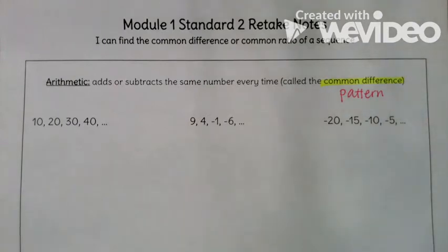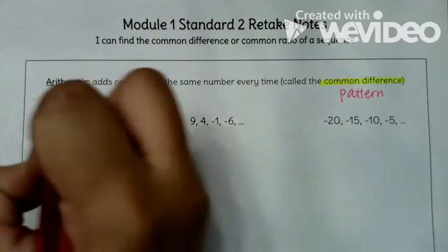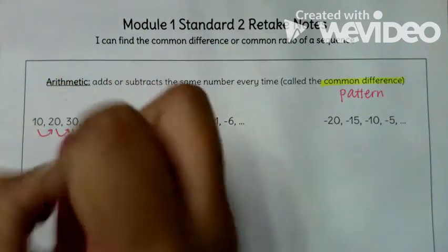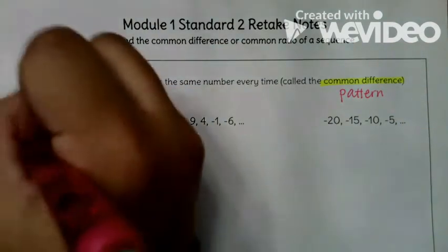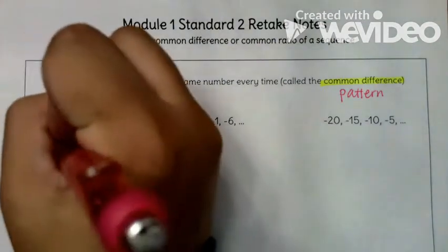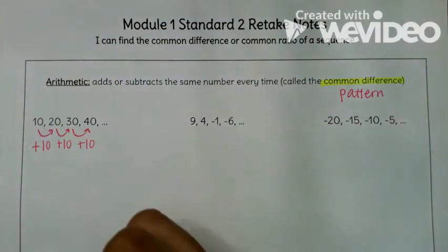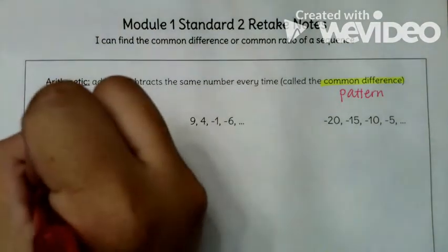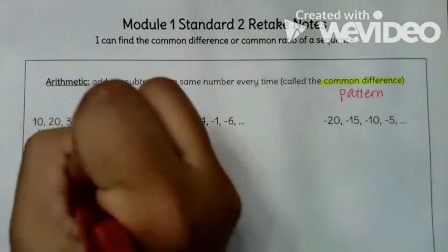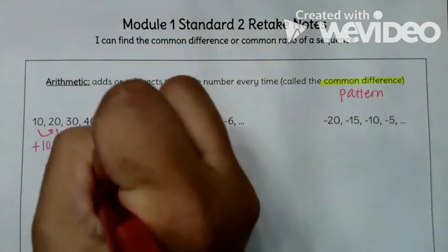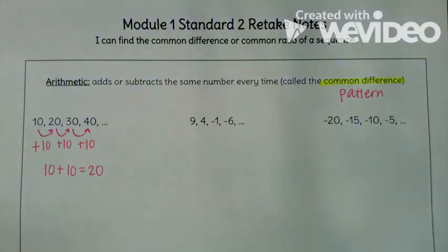So if I have 10, 20, 30, 40, I have to figure out what am I adding or subtracting each time. So here I can see that I am adding 10 every time. And just to be sure, to check it out, if I start with 10 and I add 10, I get 20, which is my next term.